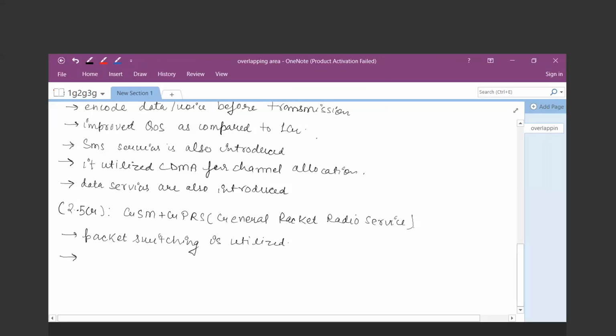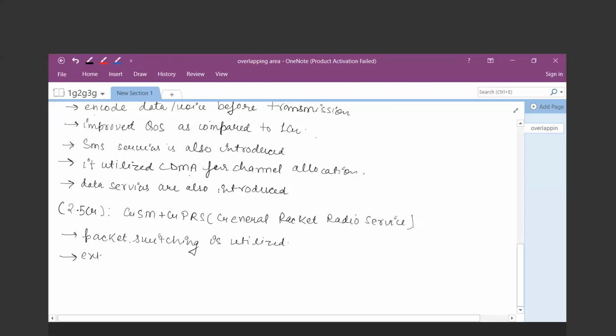In 2G there is circuit switching, because CDMA is used, so we have to encode whatever data has to be transmitted, and a CDMA channel has to be allocated to the users before the communication. So circuit switching is utilized over GSM. But after the launching of General Packet Radio Service, that is GPRS, packet switching takes place.